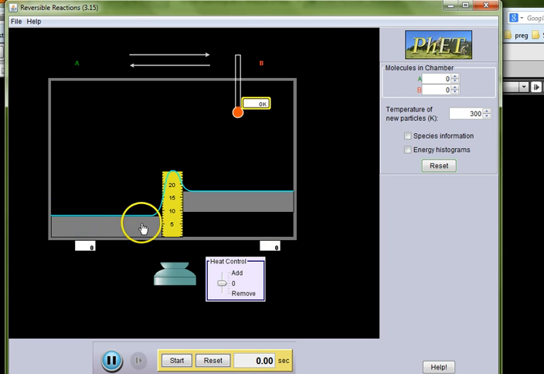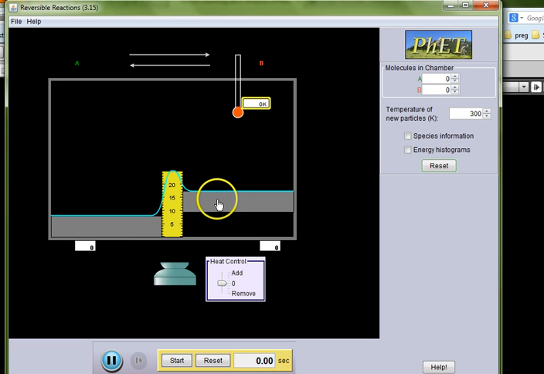If the reactants are at lower energy than the product, the difference in energy needs to be provided, because the molecules need to reach this point for them to be converted into product. So that much energy needs to be provided for molecules to jump.